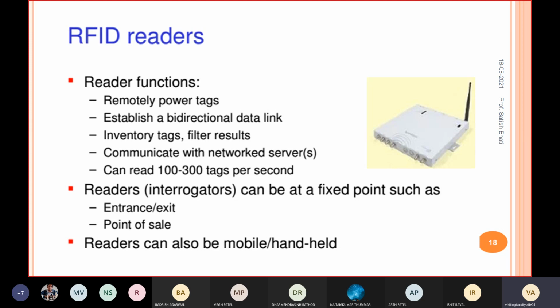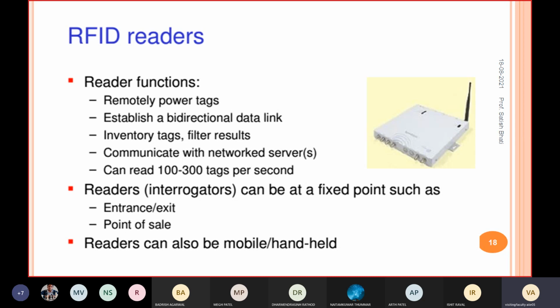Establish a bidirectional data link. When your tag comes in the range of your reader, the reader will establish a bidirectional data link between the reader and the RFID tag. So it can transmit data, and it can receive data.